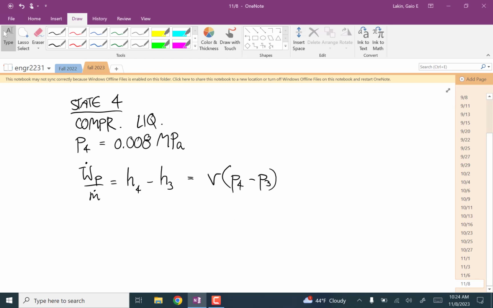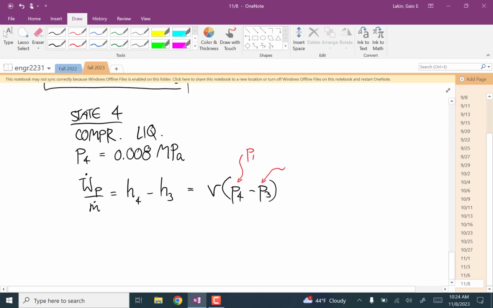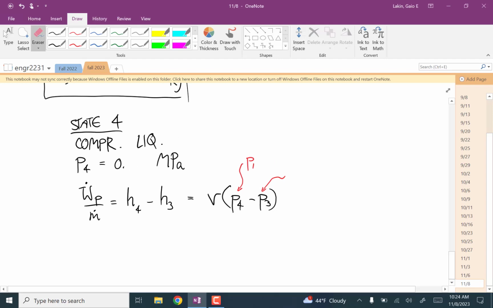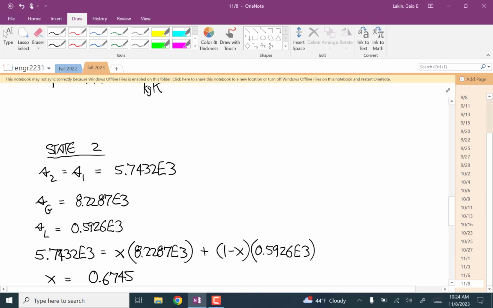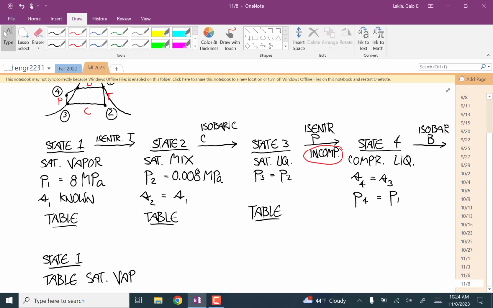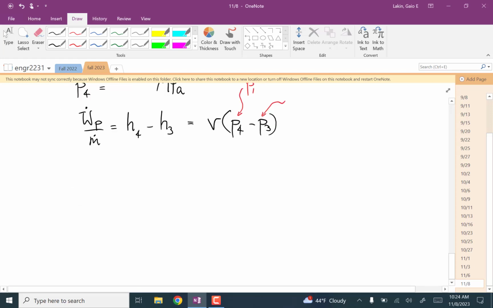Well, we know that this is the same as the pressure at state 1. Oh, so I wrote this down wrong. That's where my mistake was. P4 is equal to P1, not P3. Okay, so it's 8 megapascals.